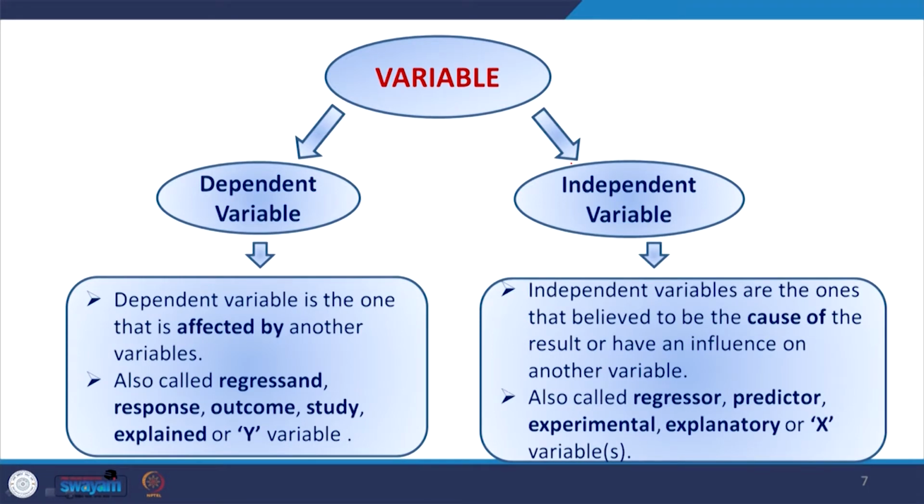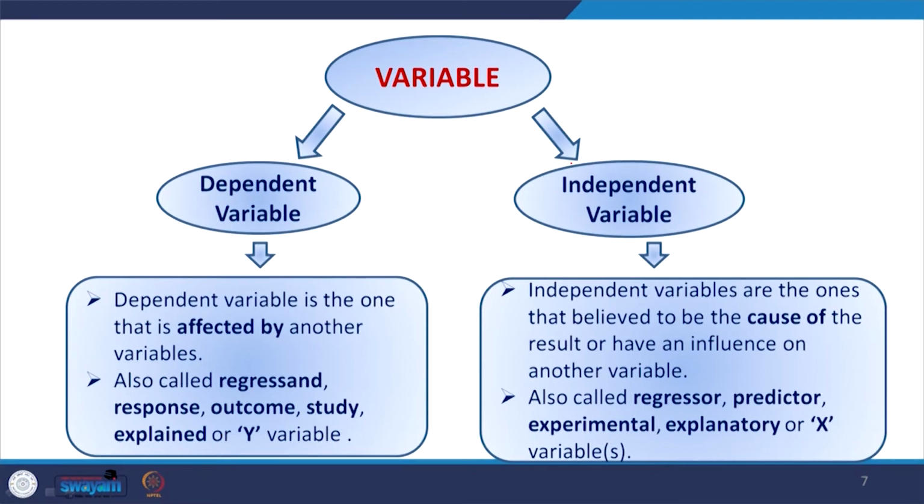Now, coming to further clarification of the variables, those are dependent and independent. Though we all know the meaning of it, there are some important aspects we need to highlight. So, broadly it is dependent variable or independent variable. Now, the dependent variable is the one that is actually affected by another variable or another set of variables.